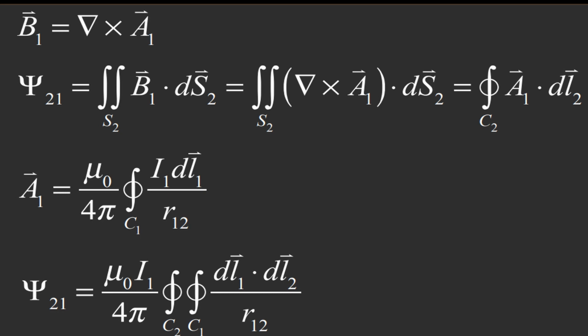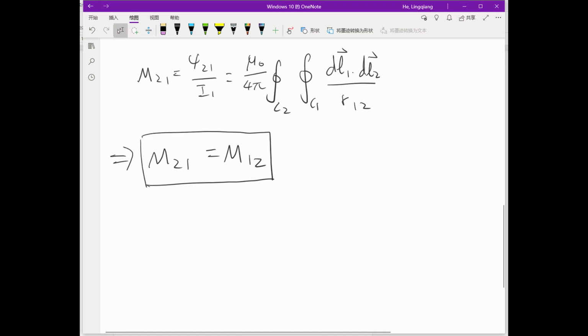Since the labels of 1 and 2 are interchangeable, then we get M21 equals M12, and this is the symmetry of mutual inductance. We obtain this result fairly because the two coils are fixed in space and they are separated by the same distance.